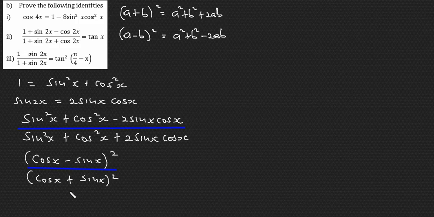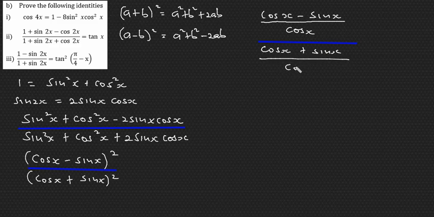Now when you say plus here, minus up and a plus down, and you want to get a tan, first of all let us divide with a cos throughout in the numerator and in the denominator. So this will be cos x minus sine x over cos, then divided by cos x plus sine x also divided by a cos.